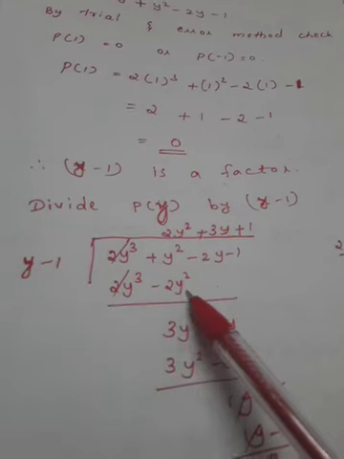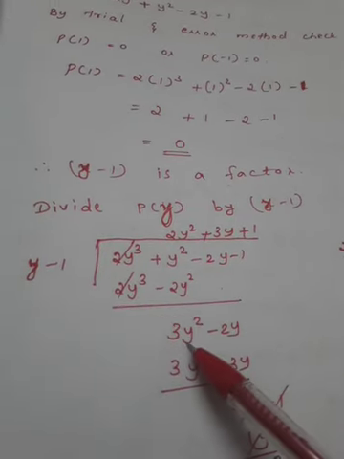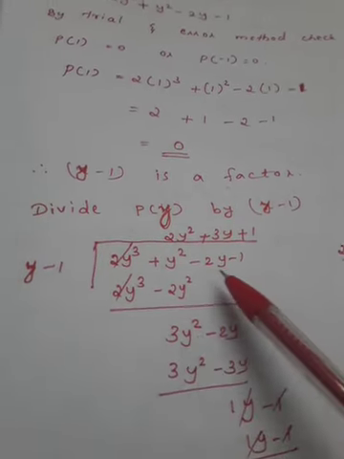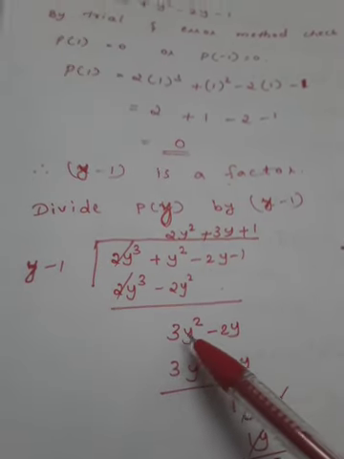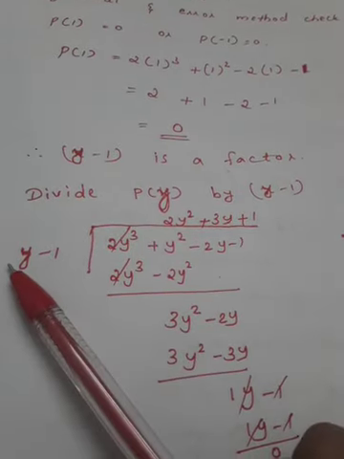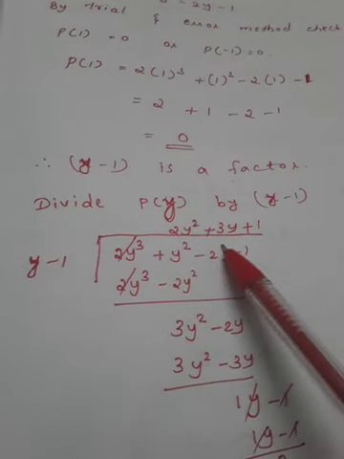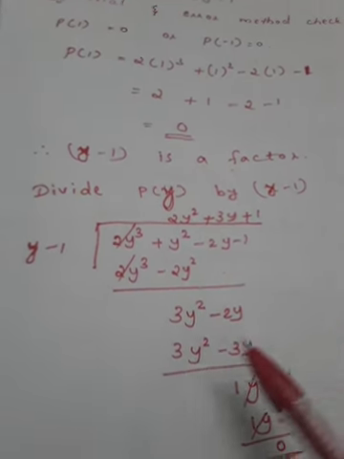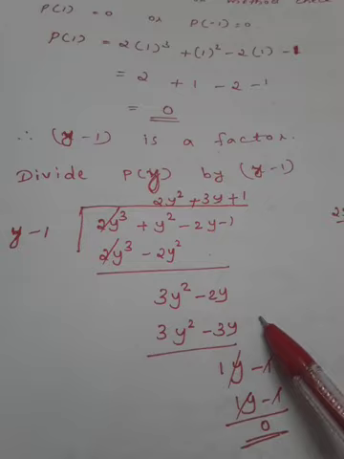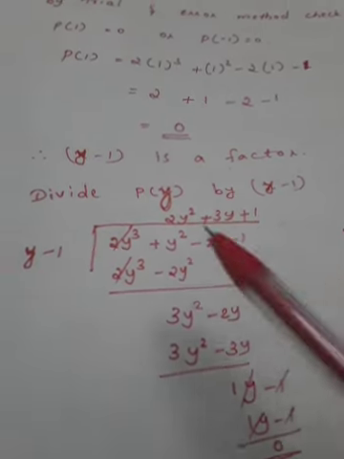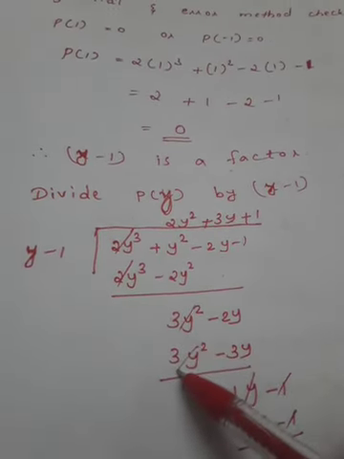Then write this answer, subtract, then you got 3y square, then write the next term minus 2y, then divide 3y square by y, then you will get 3y. So 3y into y minus 1, 3y square minus 3y. Then again subtract. Then these two will be cancelled.